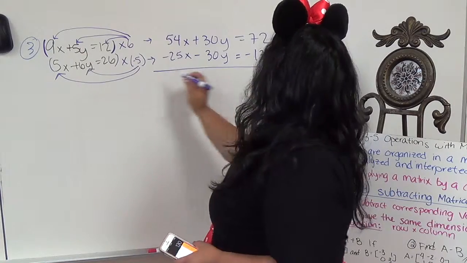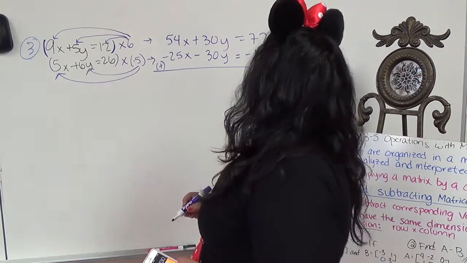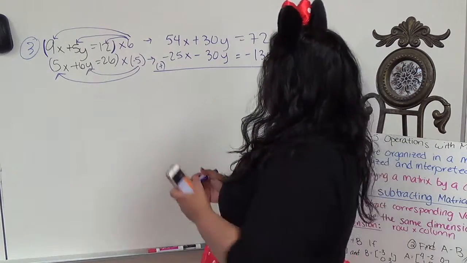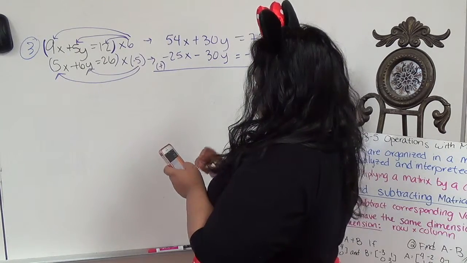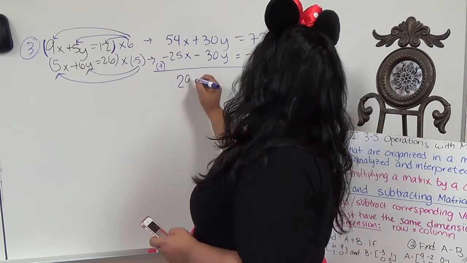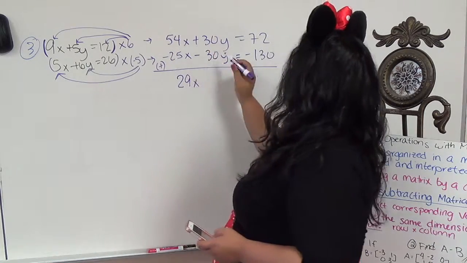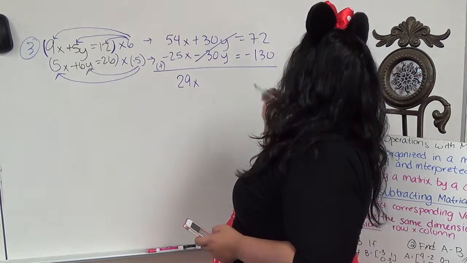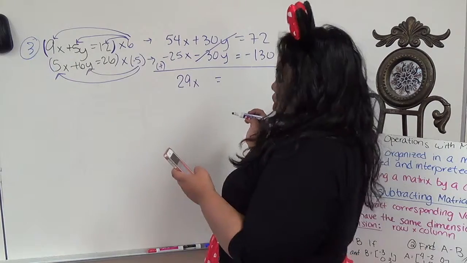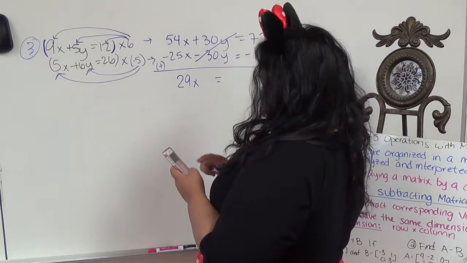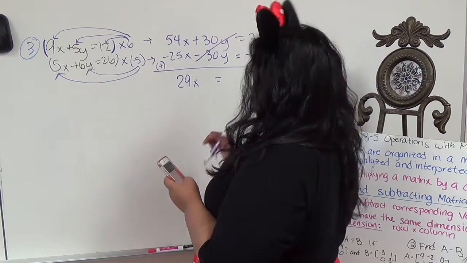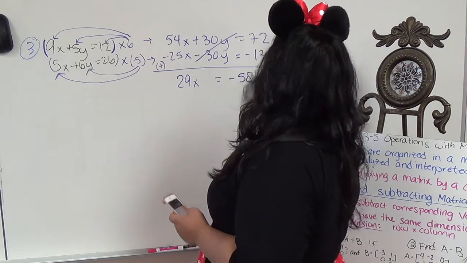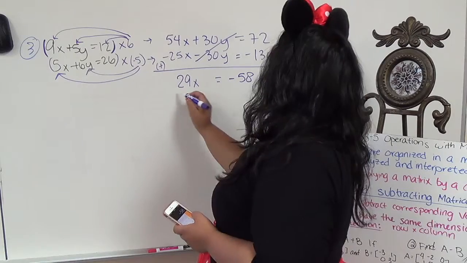So then, just like the other one, I'm going to add. 54 minus 25, plus negative 25, gives me positive 29x. Positive 30 minus 30 cancel out, and I end up with 72 plus a negative 130, negative 58, right?